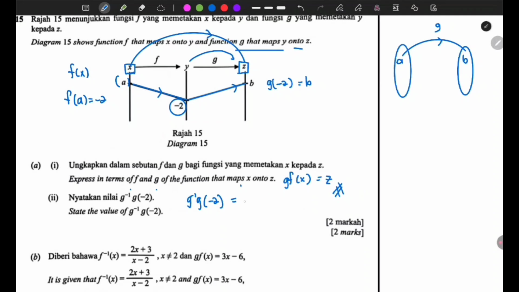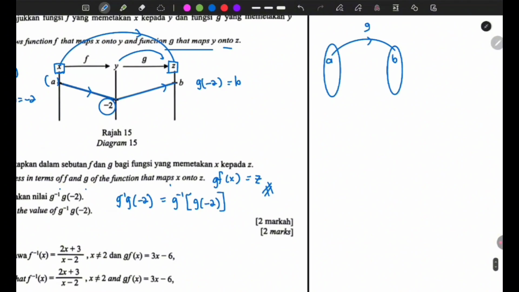So how do you do this? Same thing lah, you expand, isn't it? So first you solve the g(-2). So okay, I use -2 here.